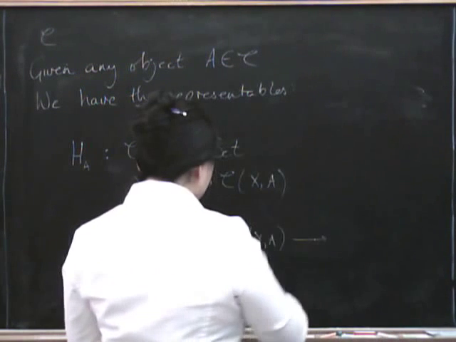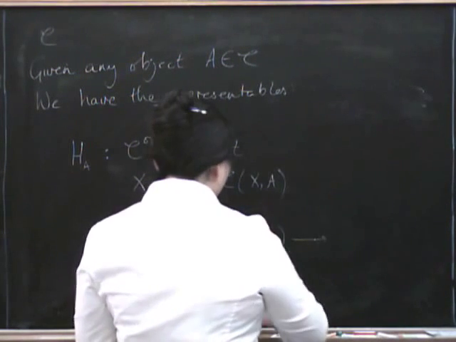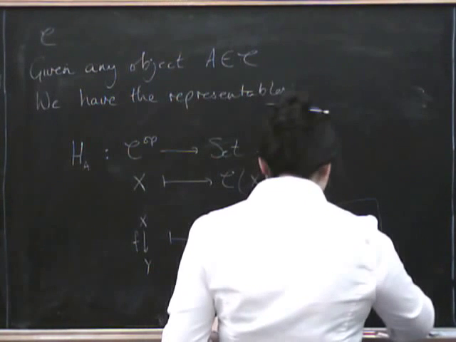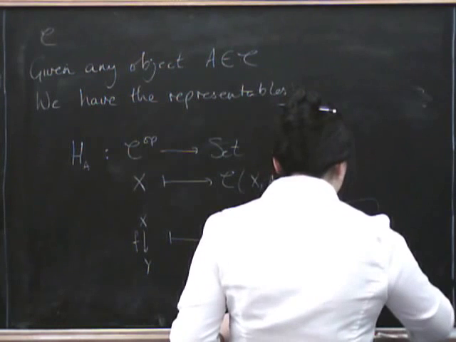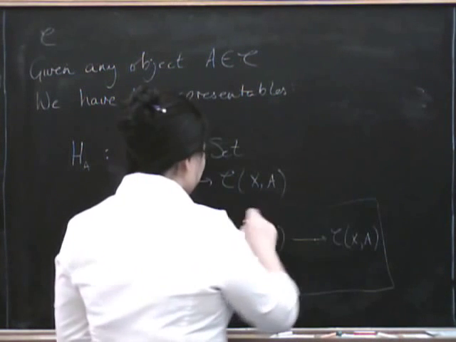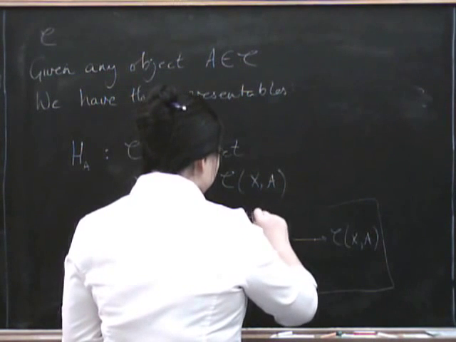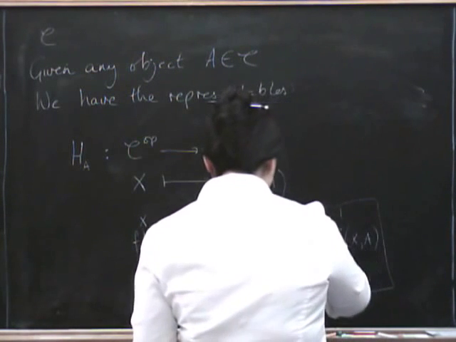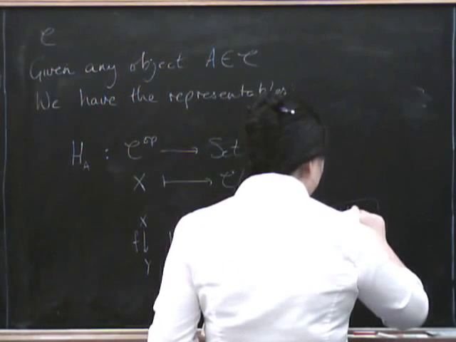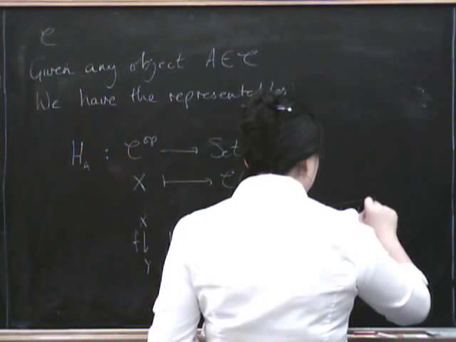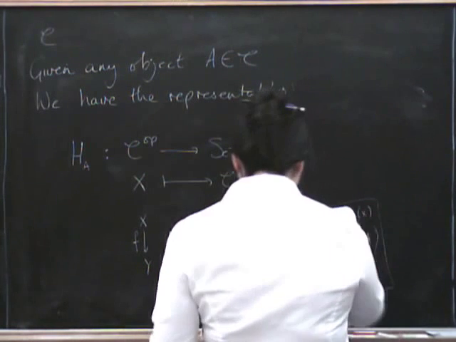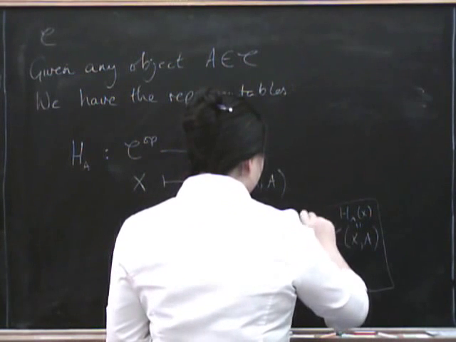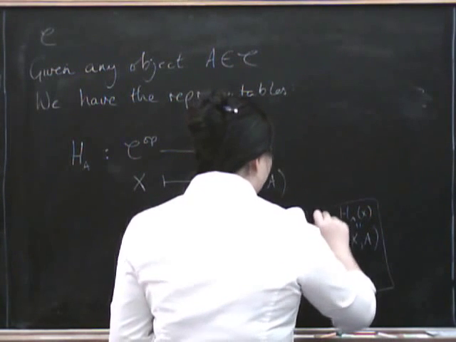Now we've got a slight notational problem, but this is kind of what the function is that we're ending up at. It's got to go to the set of morphisms from X to A, right? Because this is our functor applied to Y, and this is our functor applied to X. And so what this morphism is, you could call it H sub A of F, but what does it do?